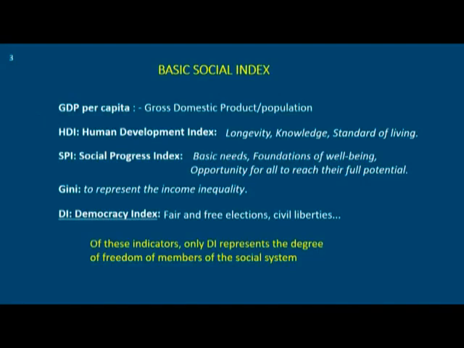Slide 3. Social indicators. To evaluate society in a certain aspect, people use indices. Popular social indicators: GDP per capita, HDI, Human Development Index, SPI, Social Progress Index, Gini, Inequality Index, DI, Democracy Index.